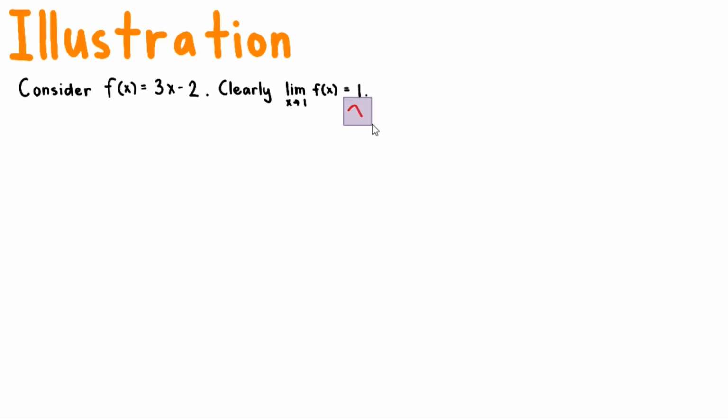But take note that in limits, we are dealing with values close to a certain value. In this case, we're dealing with x values close to 1 but not exactly at 1.